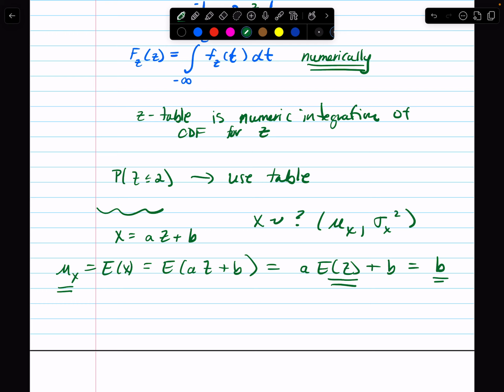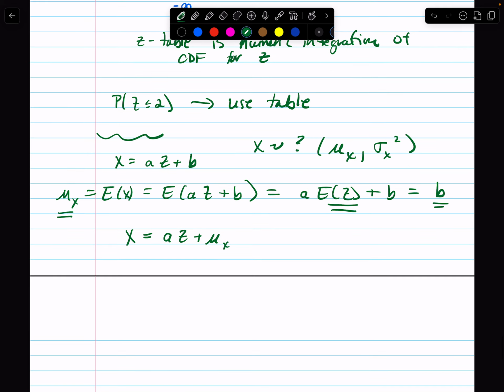That is, b is equal to the mean of X. So at this point, we know that if X is a linear transformation of the random variable Z, it's equal to aZ plus whatever its mean is. The variance of a linear transformation aZ plus b, recall, is equal to a squared times the variance of Z, and that is 1.